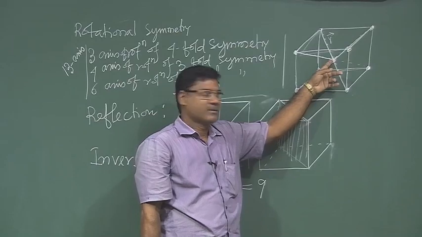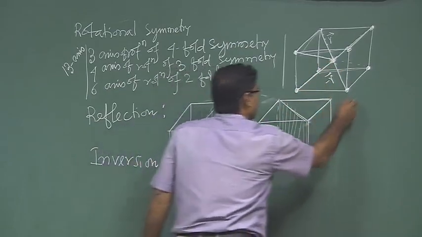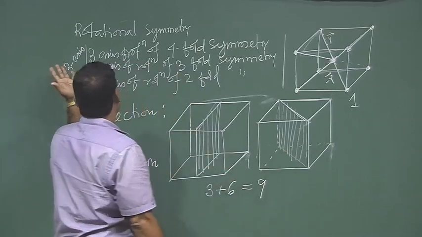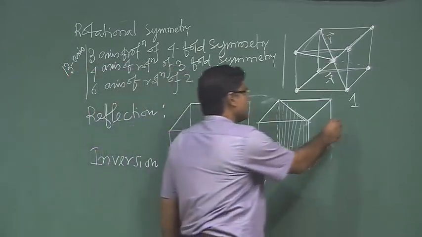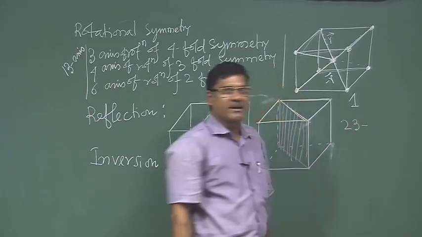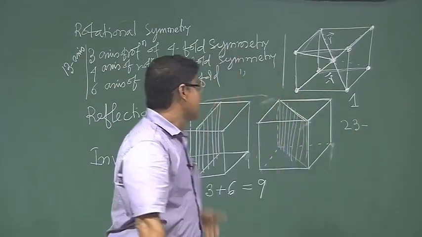So, if I add this one to the 9 plus 13, we get a total of 23 symmetry elements.